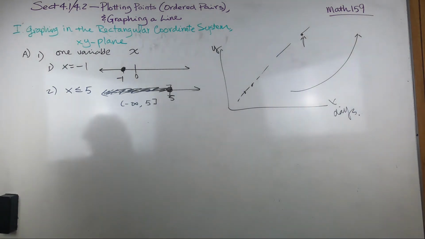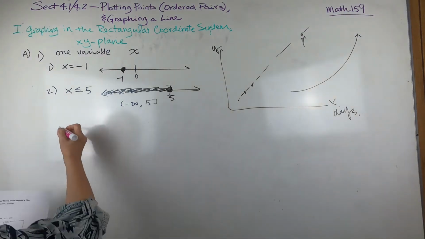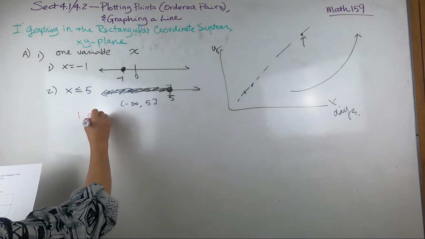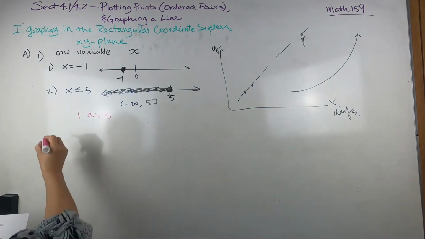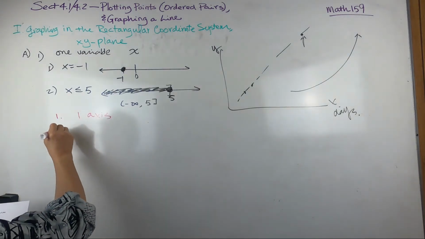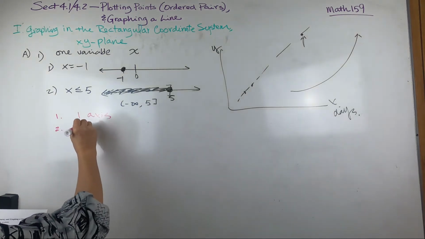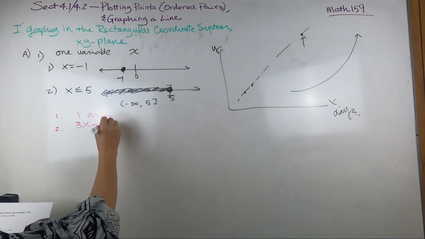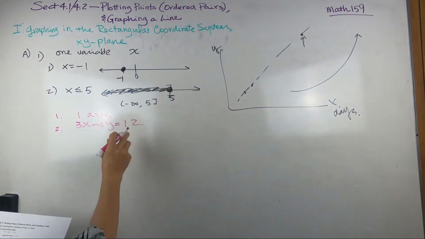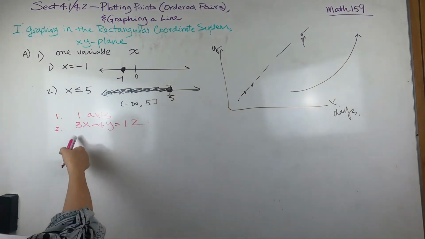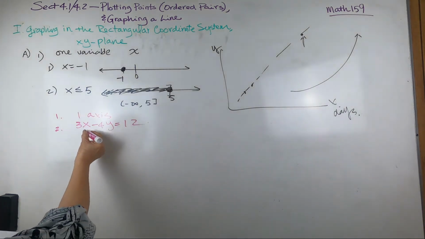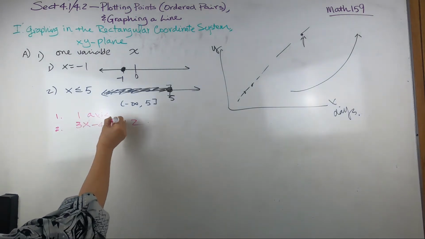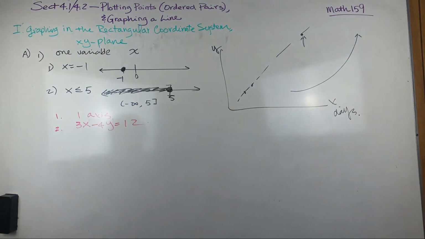So for your one variable, you need one axis. Okay, so if you have two variables, like 3x minus 4y equals 12, an equation, this is still linear because for the variables, the highest power is 1, an invisible 1, right?